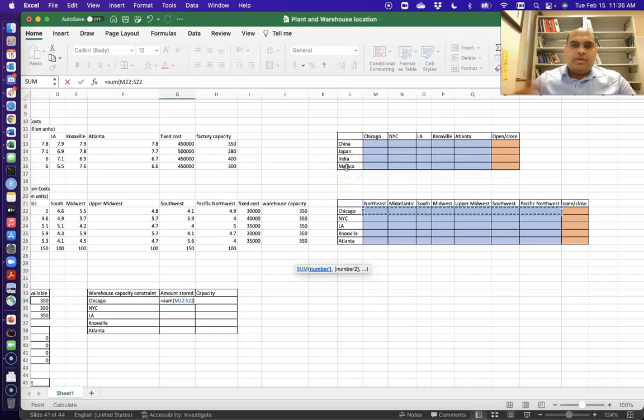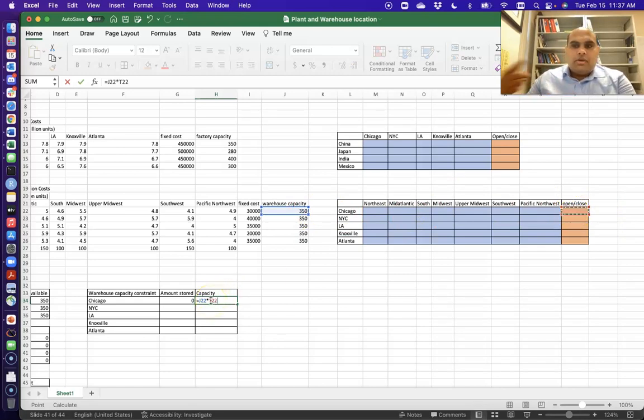That's the transshipment constraint. So the sum of everything going out of the Chicago warehouse, that's the total capacity, cannot exceed the capacity of the Chicago warehouse. The capacity of the Chicago warehouse is either 350 or 0, depending upon whether or not the Chicago warehouse is open. So 350 times the corresponding Y variable.